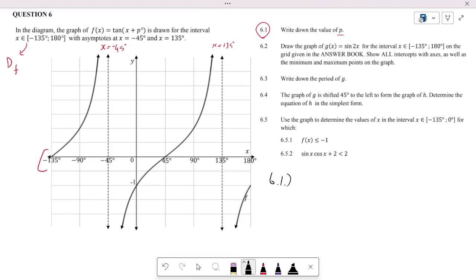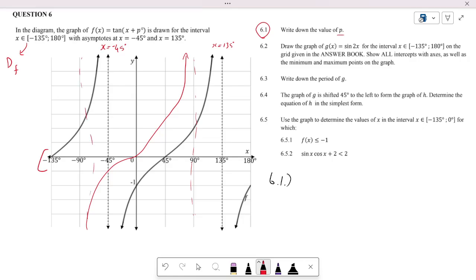And then our p-value, with what we can see on this graph over here, here's our tan, right? We already know what our tan looks like by now, but our normal tan would actually look something like this. It would be like this and like, whoa, not like that. So it'll go from here until here, where our asymptotes would be 90 degrees on both negative and positive, right?